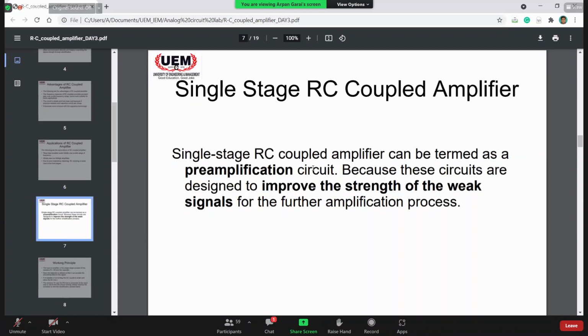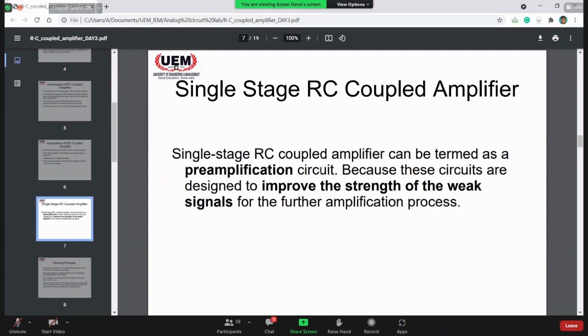A single stage RC coupled amplifier can be termed as a pre-amplification circuit. It is termed a pre-amplification circuit because another amplifier is used after the single stage.